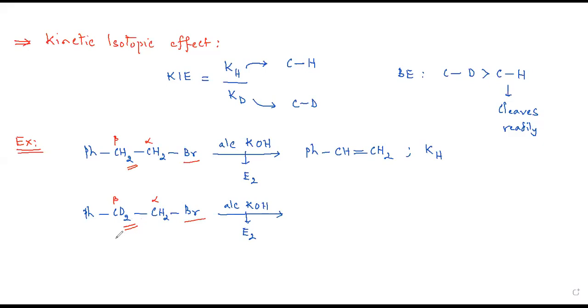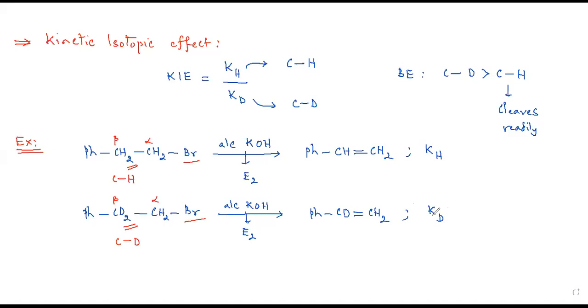So along with the bromine here, a deuterium is lost. So this involves cleavage of C-H bond and this one involves the cleavage of C-D bond. Then we get PhCD=CH2. Let me call this kD. Okay, this is what is actually called kinetic isotopic effect.